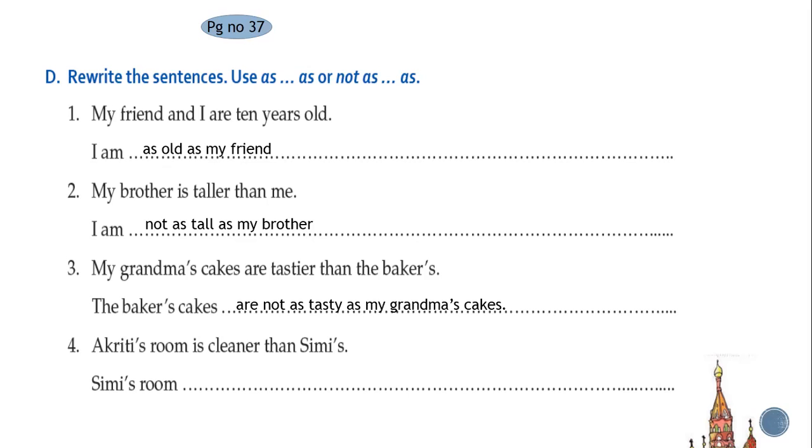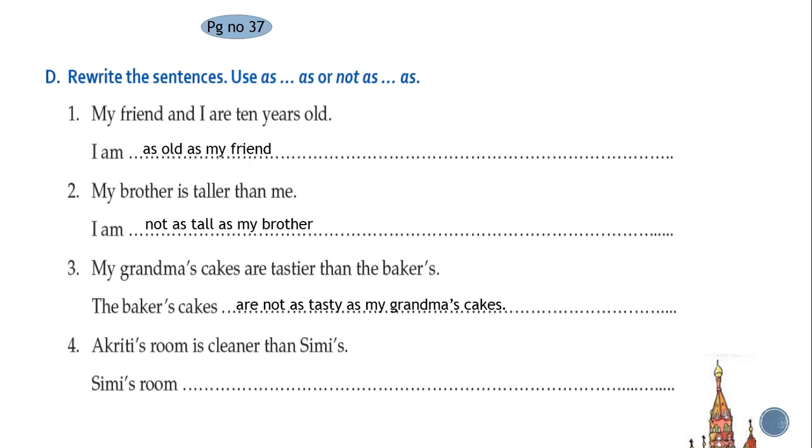See here, always the adjective will be converted to the positive form. You will not write older, you will not write taller, you will write tall. Tastier you will not write, you will write tasty. Okay, so it will always be in a positive form.